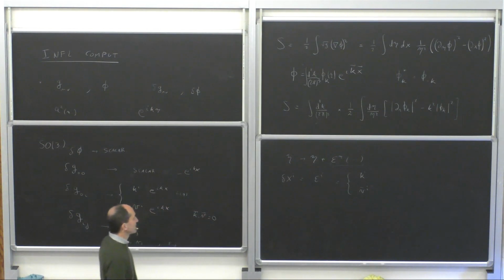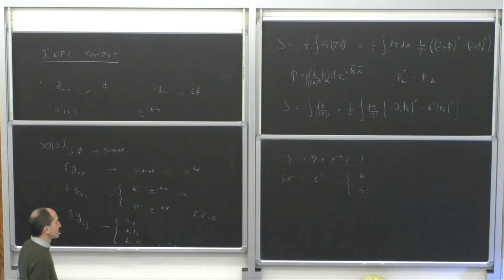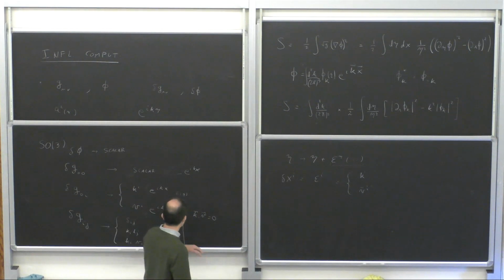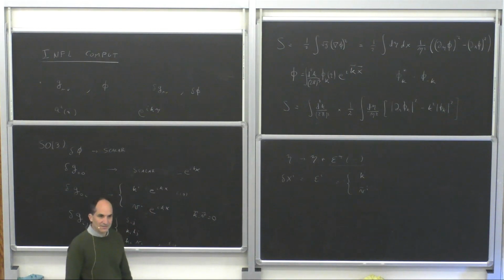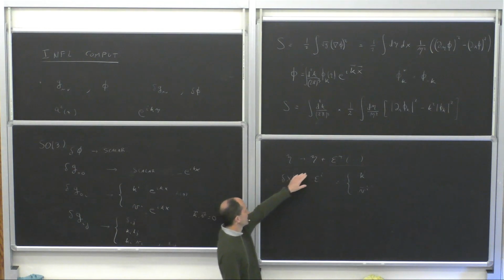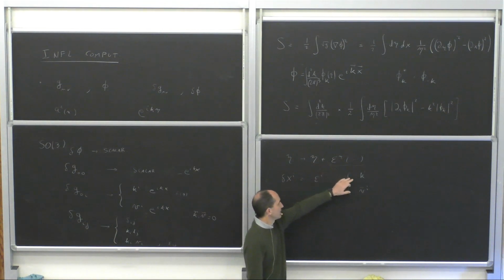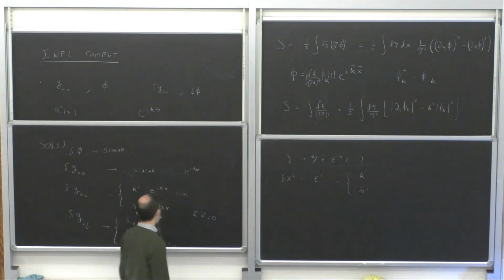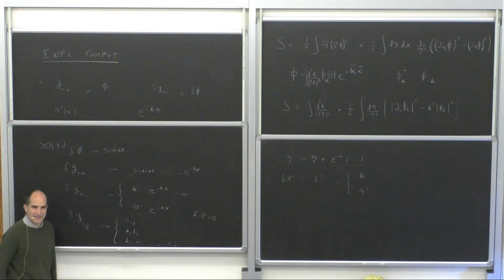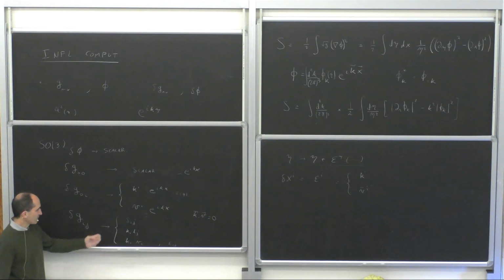The counting is the following. By doing these transformations, we can remove some of these degrees of freedom. Let's say, for example, we are talking about the scalars. There are two scalar gauge transformations, which we can use to remove some of these degrees of freedom, so we can remove two of the scalars.